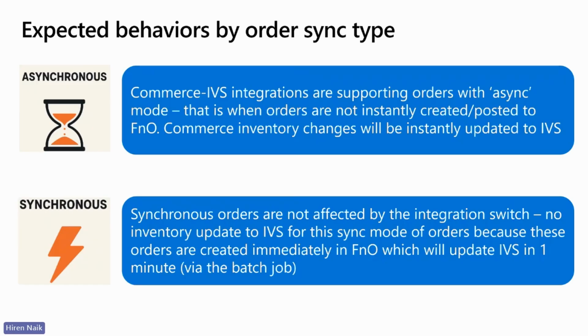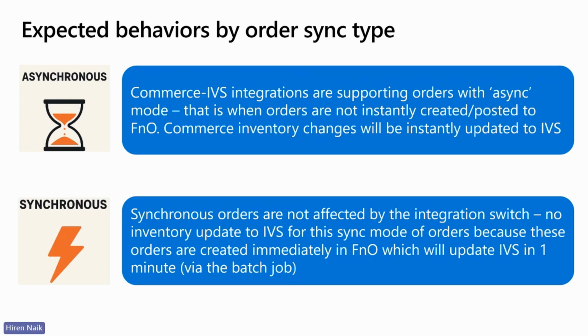But as for the integration with IVS part, when commerce and inventory visibility service integration is enabled, only the asynchronous orders are affected. That is because those orders won't be instantly created and posted to F&O, and then those inventory changes will be instantly updated to IVS.